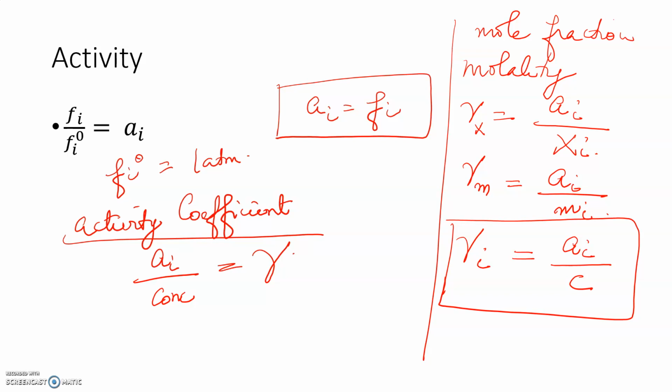This is because in physical chemistry, for uniformity, the concentration is always expressed in molarity. In order to make the results uniform, we always express in terms of molarity, and hence this activity coefficient is also known as practical activity coefficient.